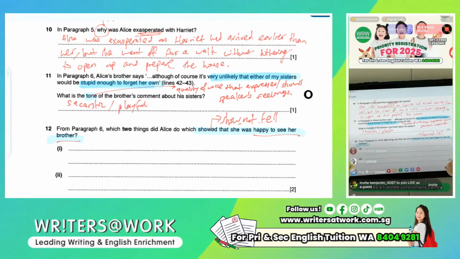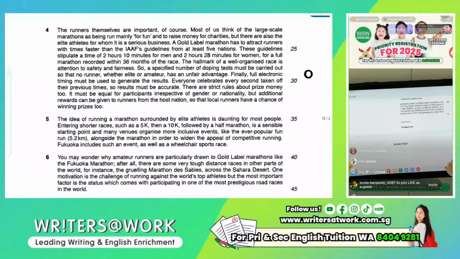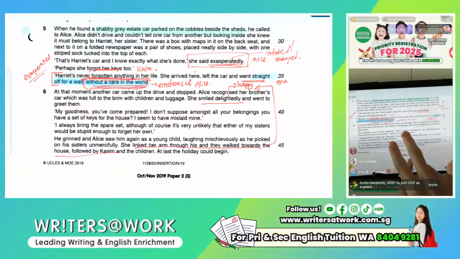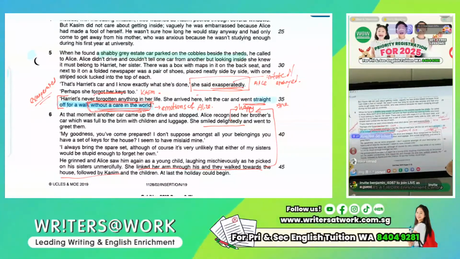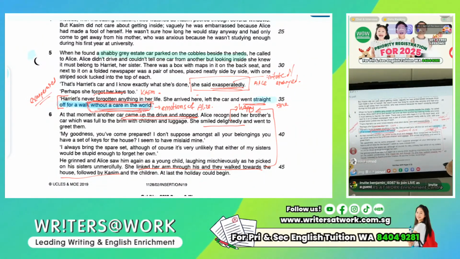All right. So moving back to our text, we see that at the end, another car came up the drive and stopped, and she recognized her brother's car. So you see, the first thing is she smiled delightfully and went to greet them.